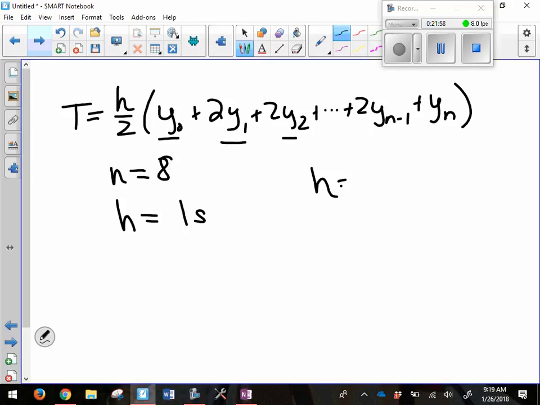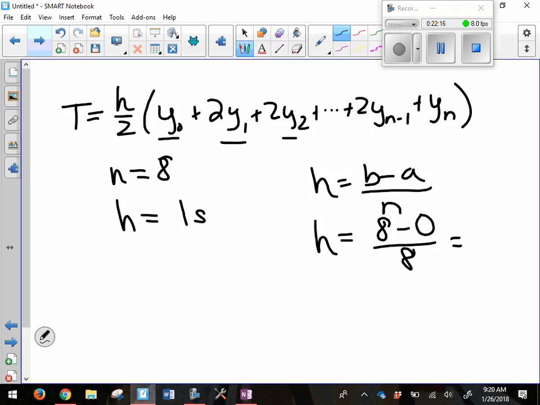So h is b minus a over n. So what's my upper limit on my table? What's the 8? What's my lowest limit on my table? How many subintervals do I have? So what's that equal to?